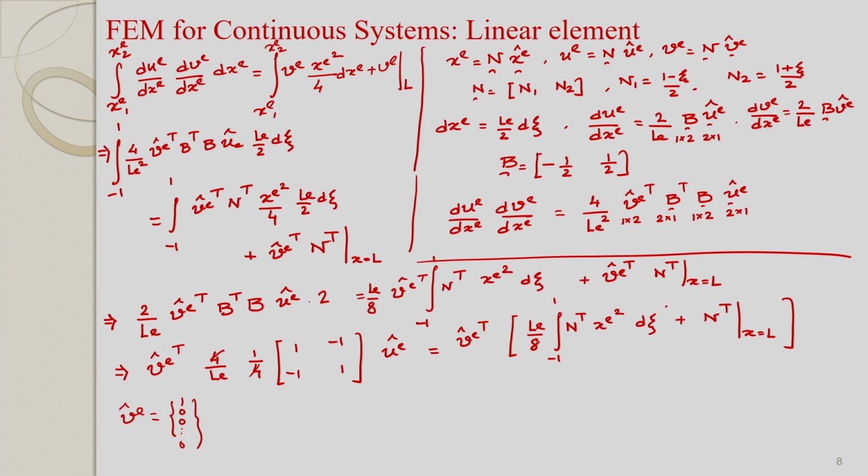And if we take VE hat as only the second entry 1, then we get the second row.